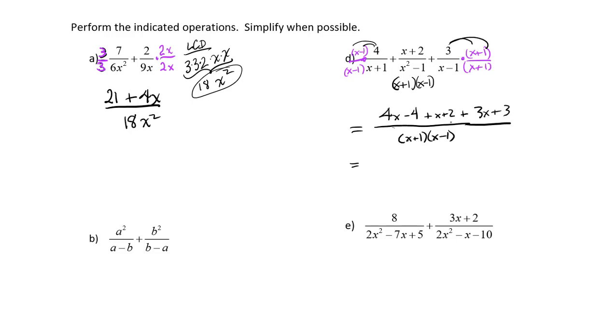Now combining like terms, I have 4x, x, and 3x, so that'll be 8x, and then negative 4 plus 2 plus 3 is going to be 1, all over x plus 1 times x minus 1.